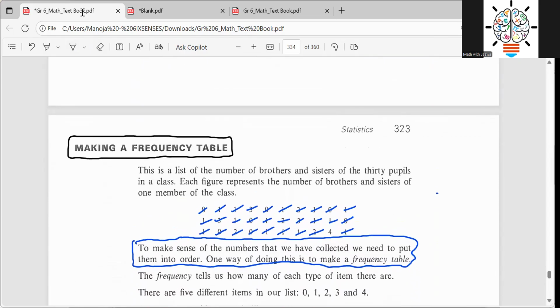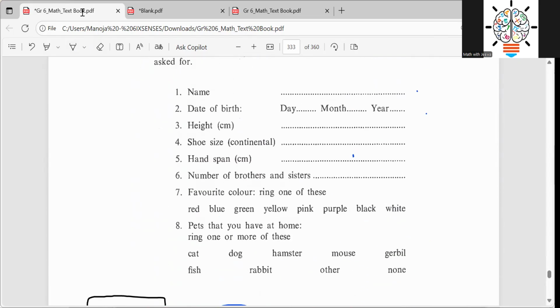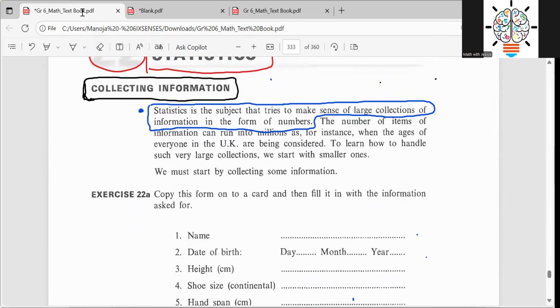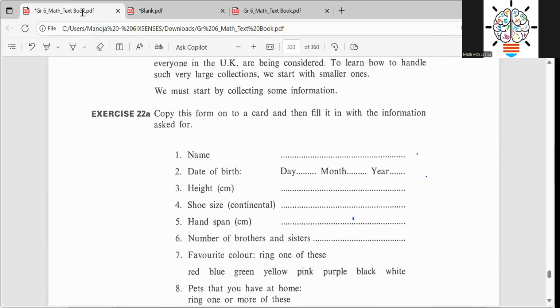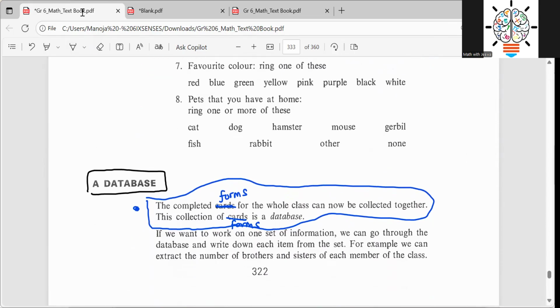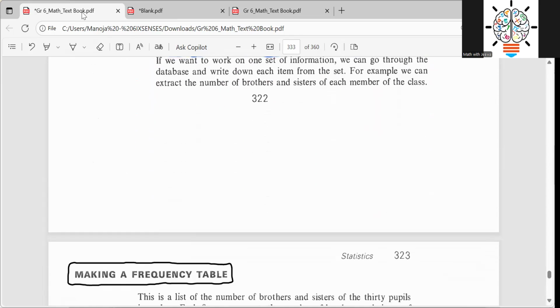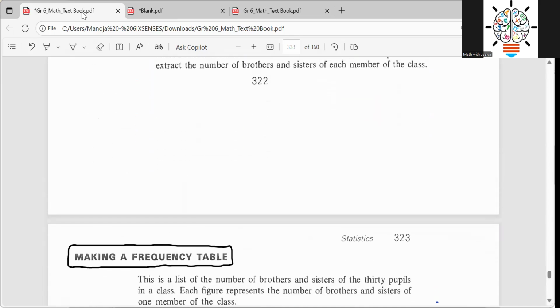Now, let's say the next step. What was the first step, children? Collecting information. After collecting information we make the database, that is done. Then we make a frequency table. What is it? Let's say this is a list of the number of brothers and sisters of the 30 pupils in a class.